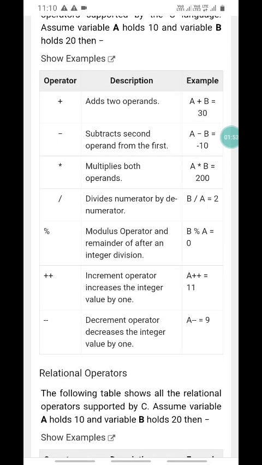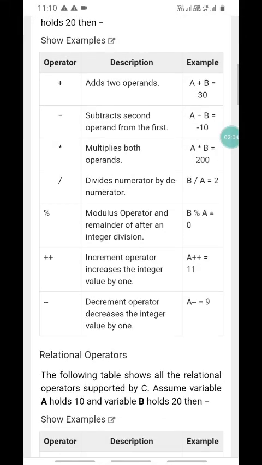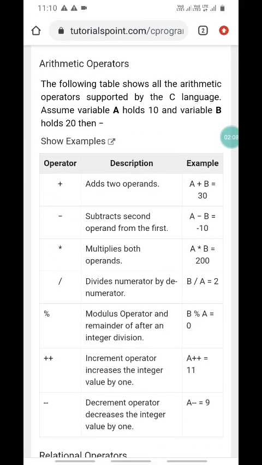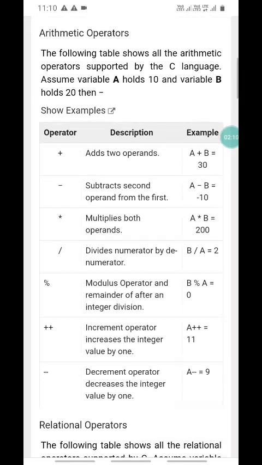Then subtract the second operand from the first. So A minus B is a simple mathematical calculation. A consists of 10 and B consists of 20. So 20 is subtracted from A, and the answer will be minus 10.